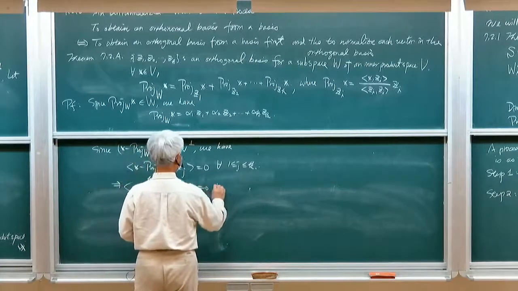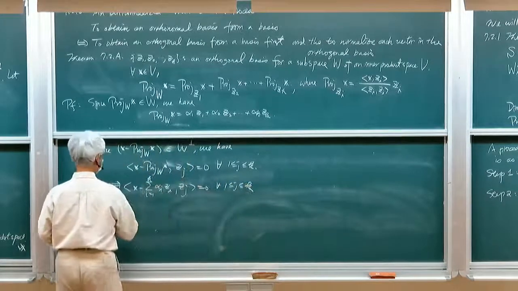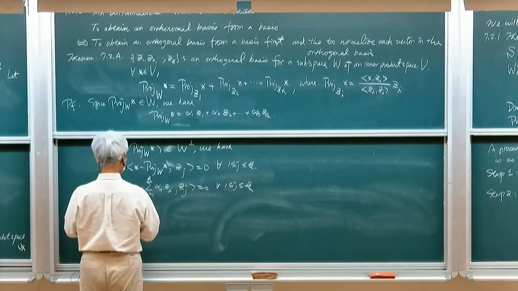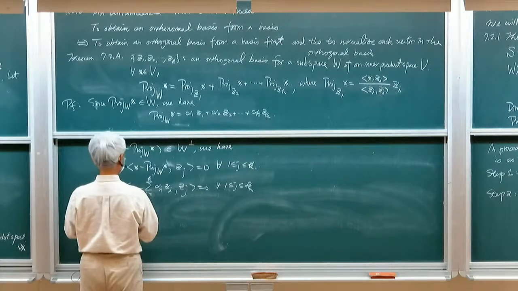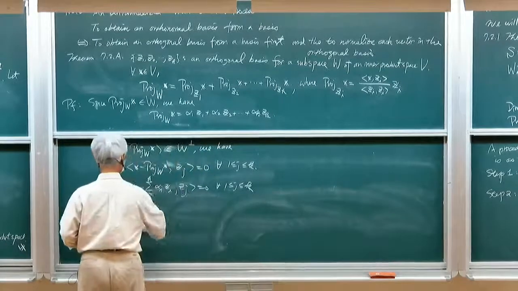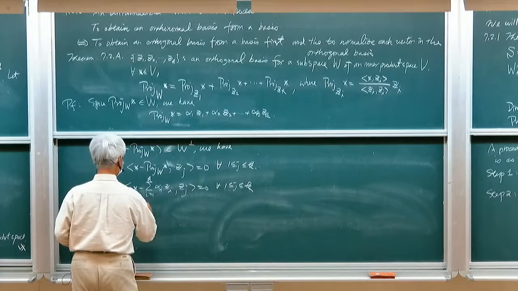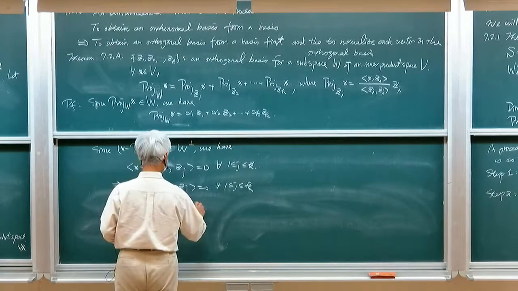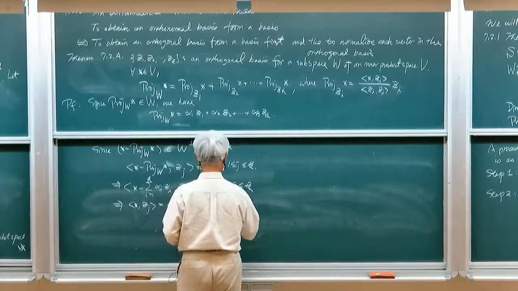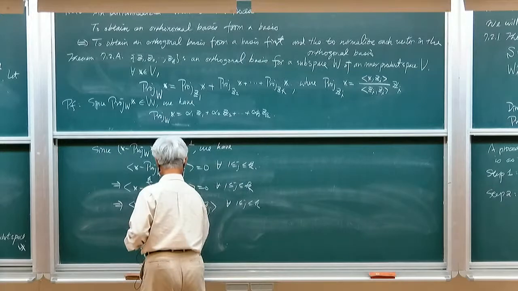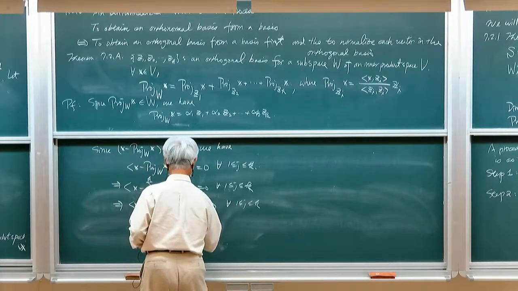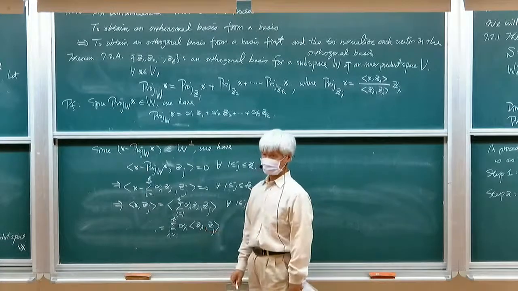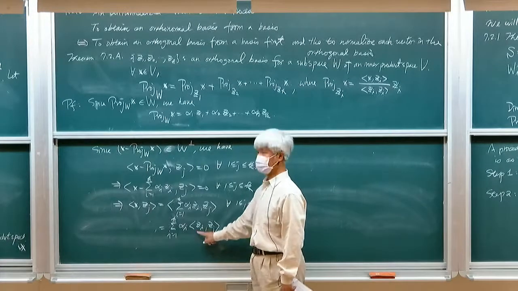And so <x, zj> is equal to the summation of alpha_i <zi, zj>, i from 1 to k. But the zi's are orthogonal to each other, so if i is not equal to j, this inner product is 0.